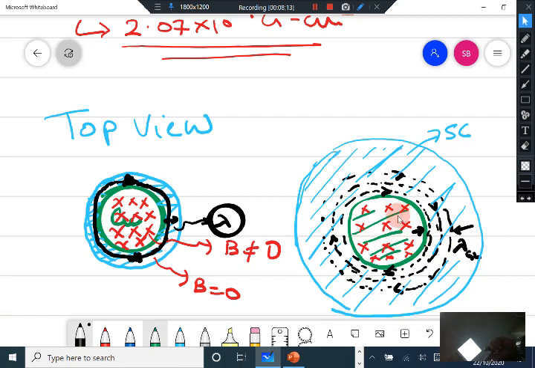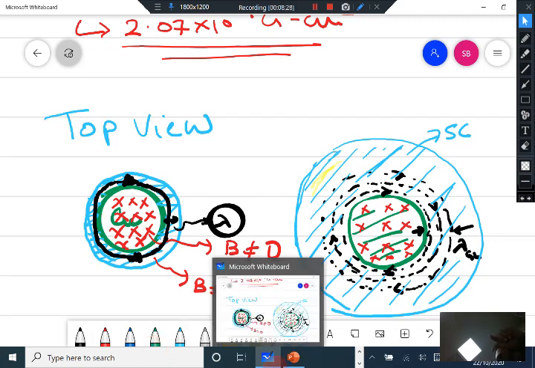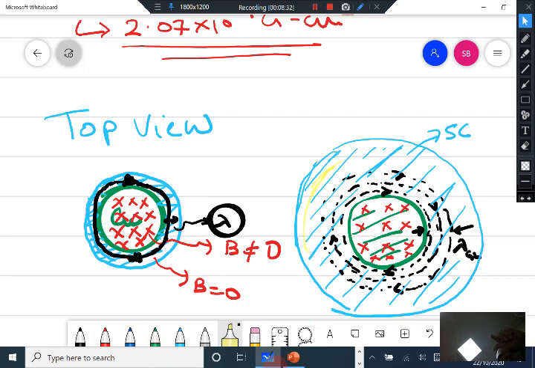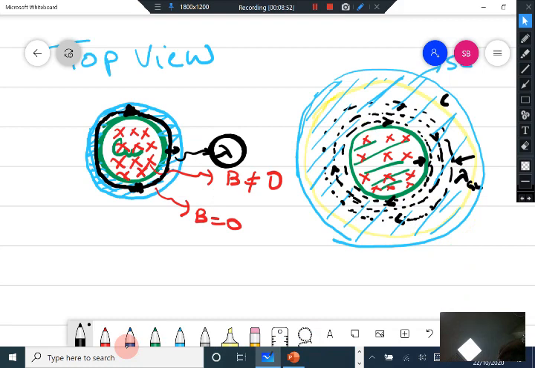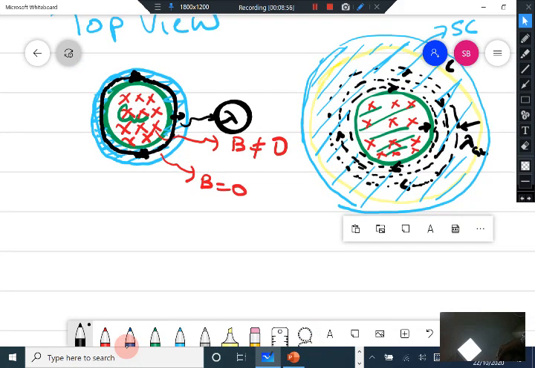Now let us take a contour in this. Okay, this is your curve C. Whatever I have drawn in yellow is your curve C. Now if I go across this contour, it encloses the magnetic flux.